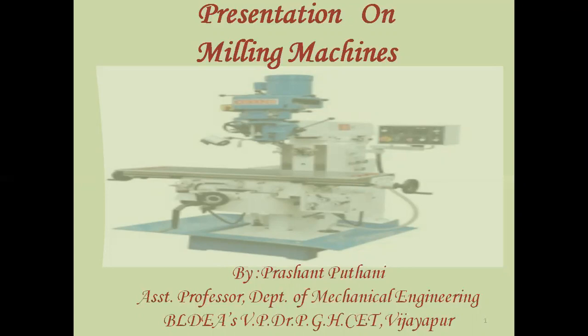Basically, we carry out milling operations to produce flat surfaces, angular surfaces, threads, gear profiles, keyways, slots, and a very wide variety of operations. Sometimes apart from this we can also perform some drilling as well as boring operations. So let us move through the session one by one.